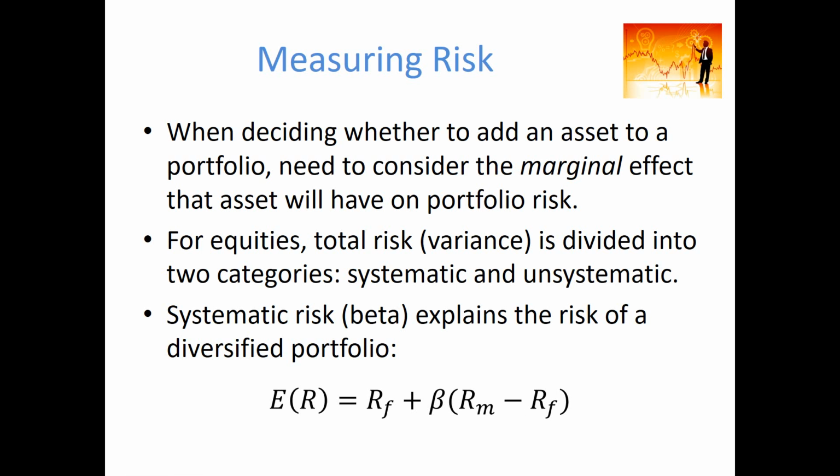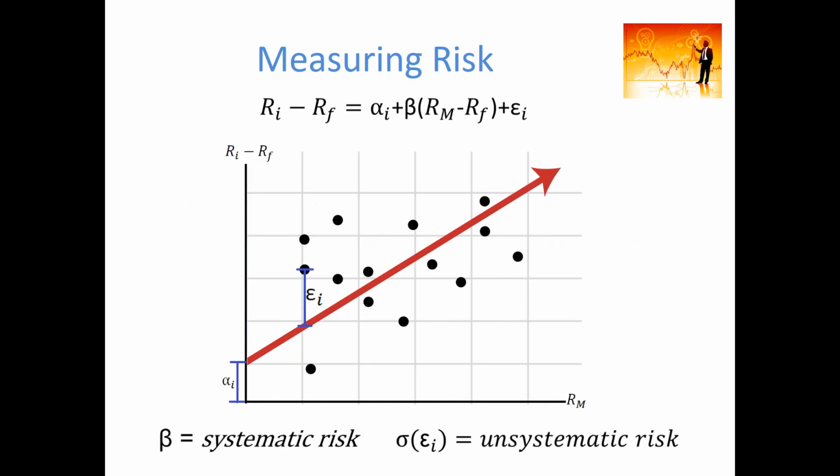We can calculate the systematic risk by finding this line in a regression equation. If we have a diagram like this, with market return and the excess return on an individual stock, and we find this regression line, then the slope of the regression line is the beta for a particular stock.